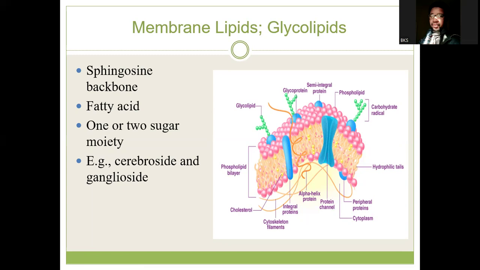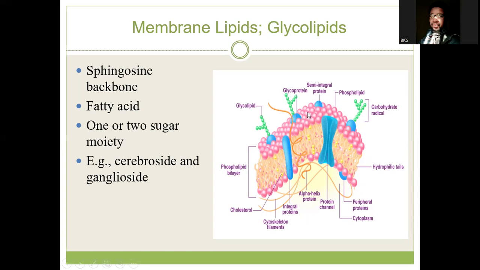In the third carbon, instead of phosphate attached to choline, ethanolamine, inositol, and the rest, in the case of glycolipid we have a sugar attached to it. One or two sugar moieties give what we call a cerebroside, or you can have more than two sugars to form what we call a ganglioside.